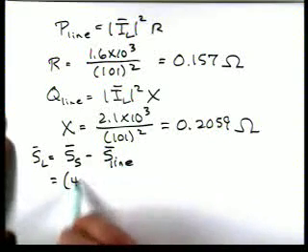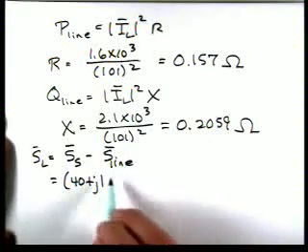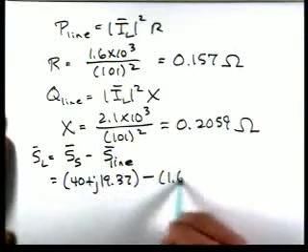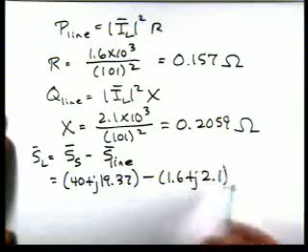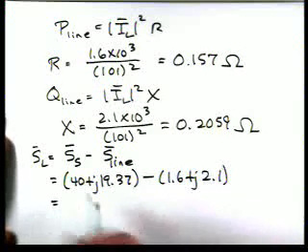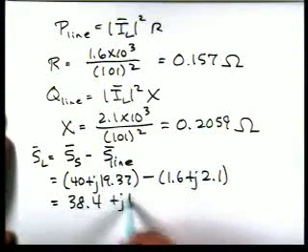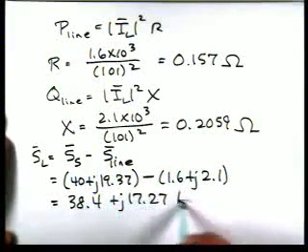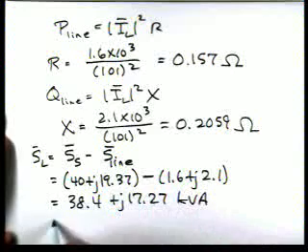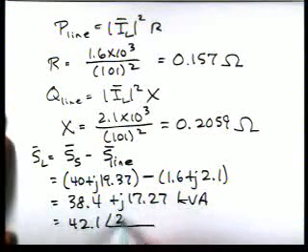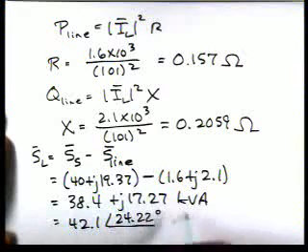So we've got 40 plus j19.37 minus 1.6 plus j2.1, which gives us 38.4 plus j17.27, which is 42.1 at an angle of 24.22 kVA.